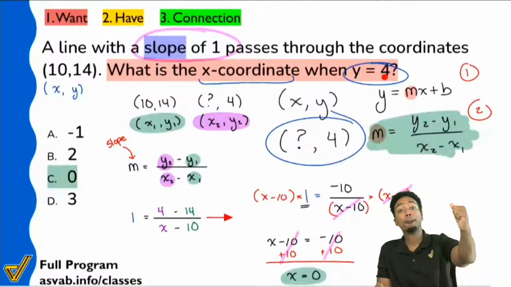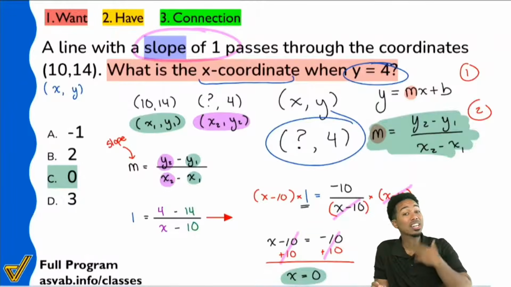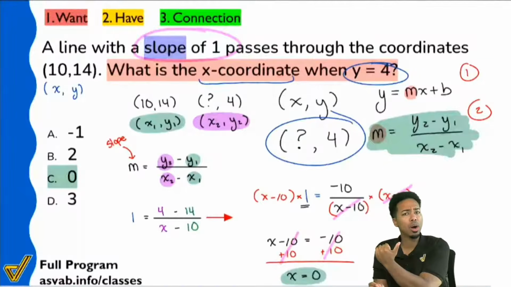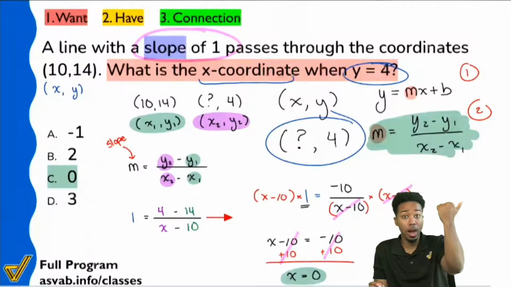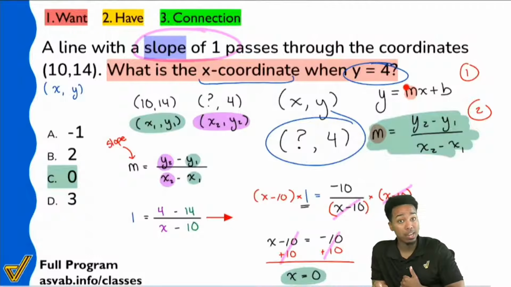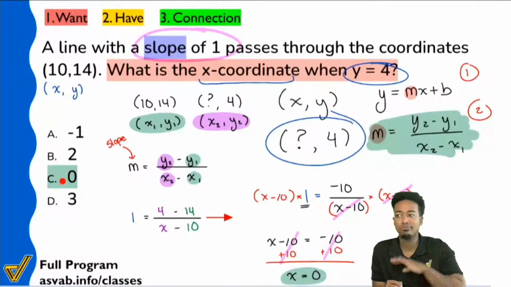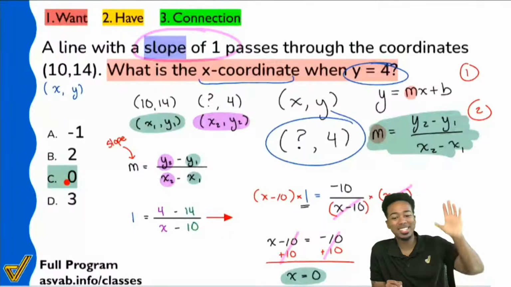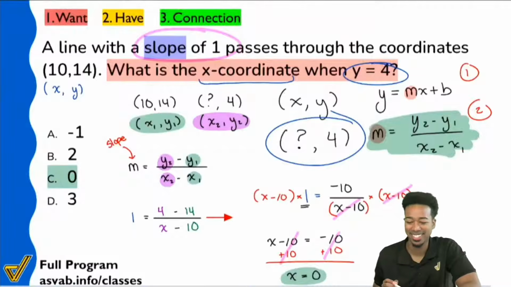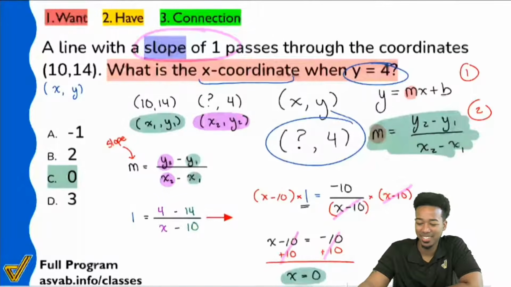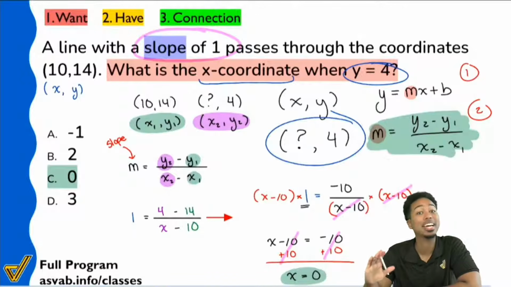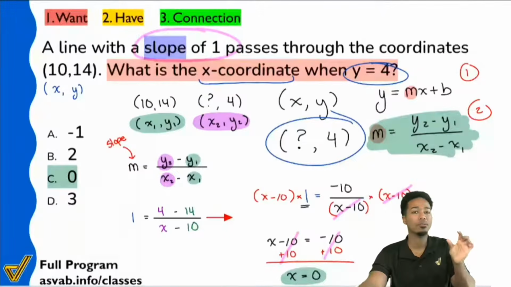I'm going back 10. And just like I said earlier, a slope of 1 means you go up 1 on the x, you go up 1 on the y. So if I go down 10 on the y, I'm going down 10 on the x. 10 minus 10, 0, done. Did that make sense to anybody out there? And again, for some of us it might, for some of us it won't, and that's okay. That's just a slightly more advanced way of thinking about it in terms of manipulating slope.